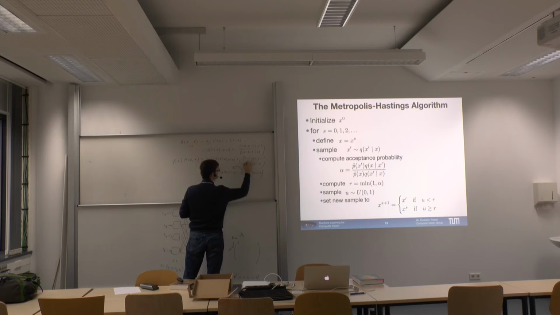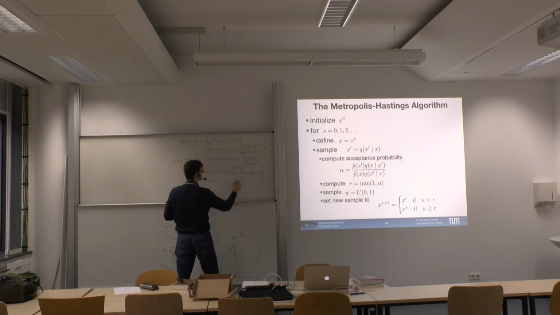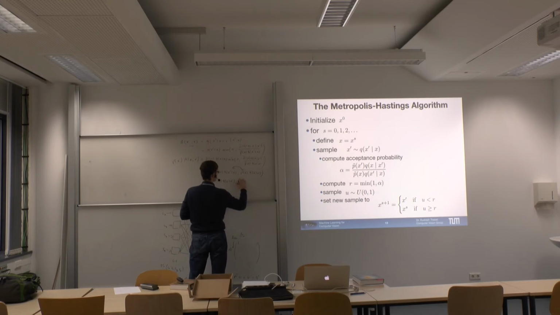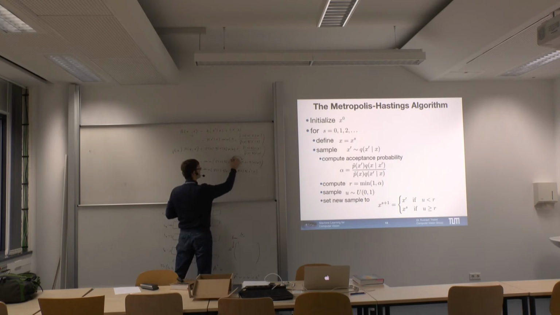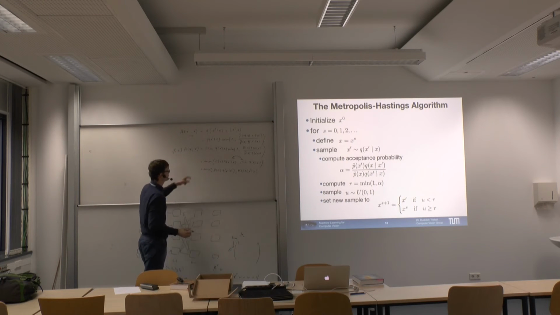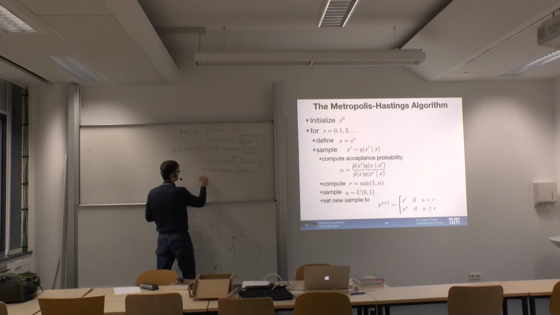I think there's a prime missing. Yes, there's a prime missing. Q of x given x prime times p of x q x prime given x. Right? I just switch these things around because it's symmetric, and now I can express it in the same way as before. Right?